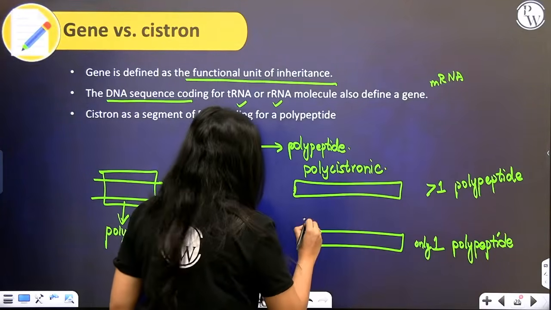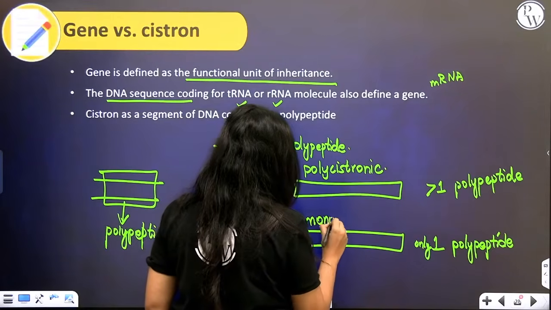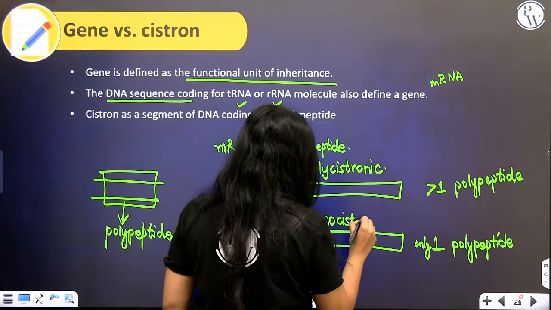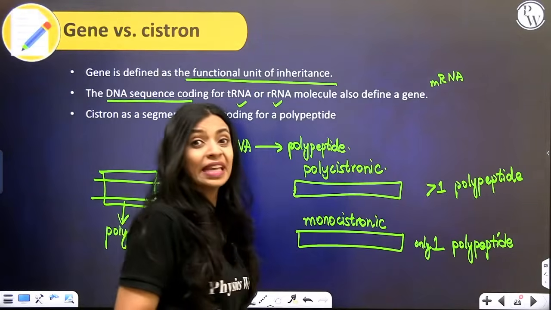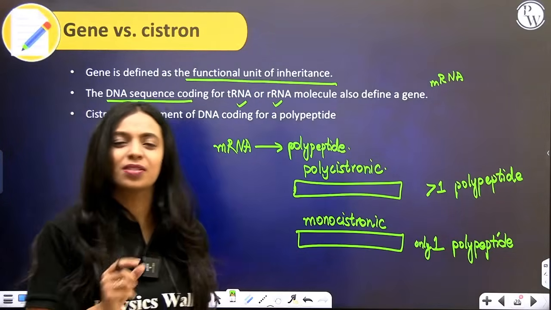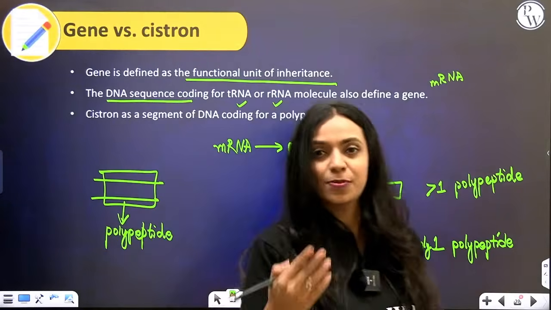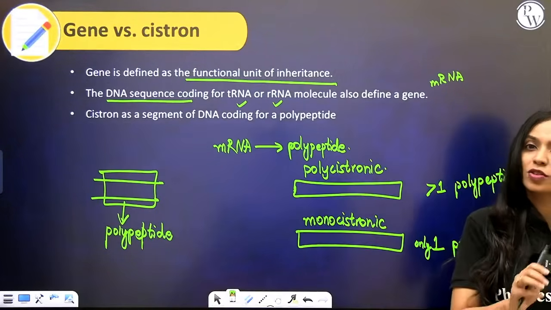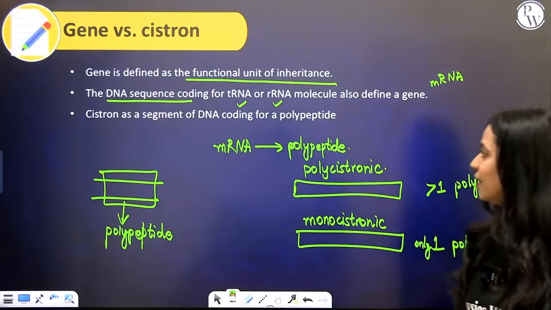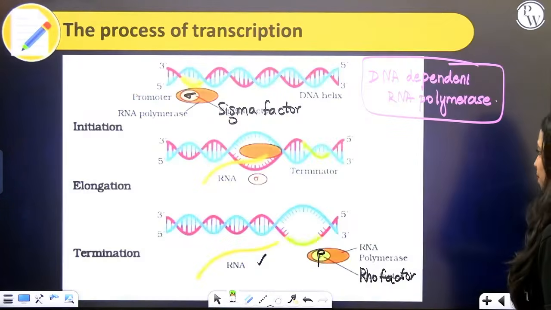Such genes are said to be monocistronic. So that's the difference between a gene and a cistron. A cistron is basically a type of gene that specifically codes for mRNA, which has information for the synthesis of a polypeptide. All right, so that's important for you to know.